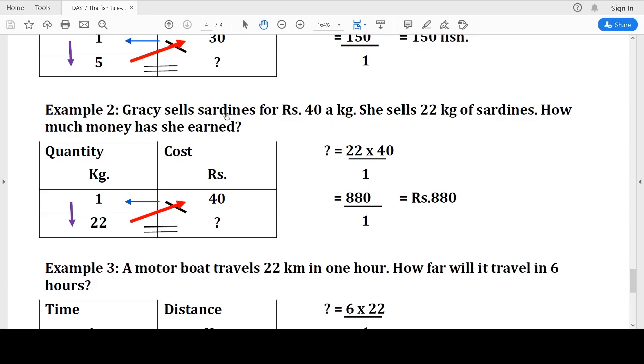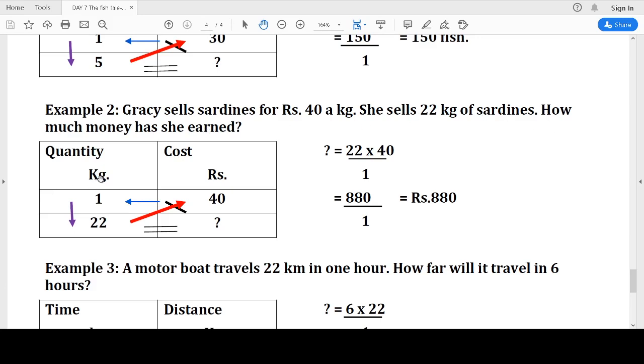So Gracie sells sardines for rupees 40 a kg, which means for 1 kg rupees 40. She sells 22 kg of sardines. How much money has she earned? This is the question.